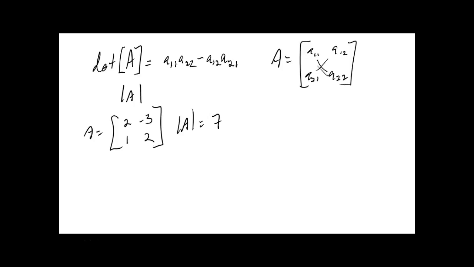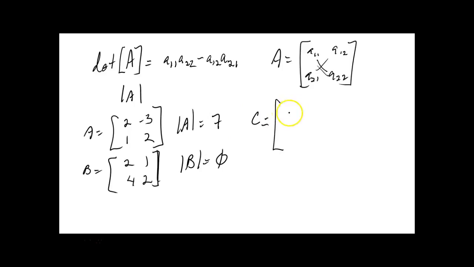Very good. Okay? Here's matrix B. 2, 1, 4, 2. What's the determinant of B? 0. Very good. Here's matrix C. 0, 3, 2, 4.